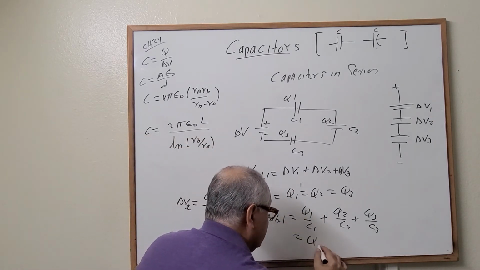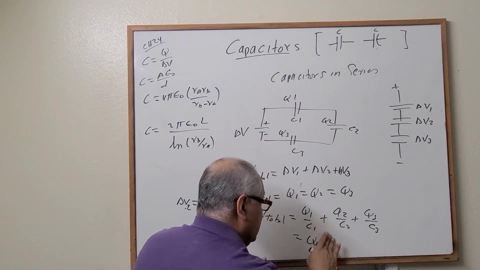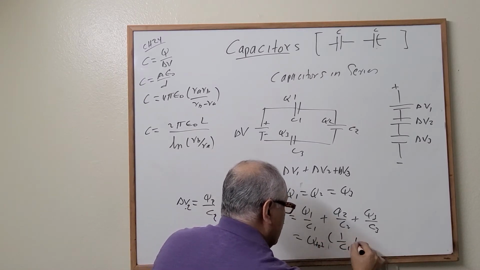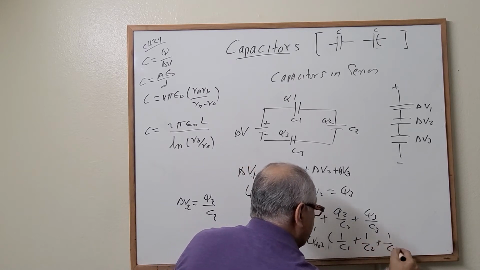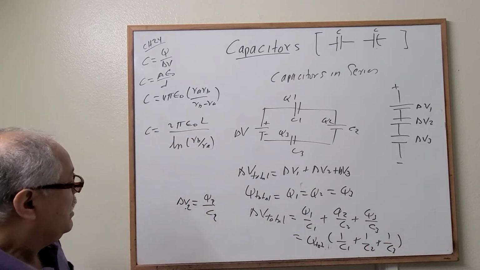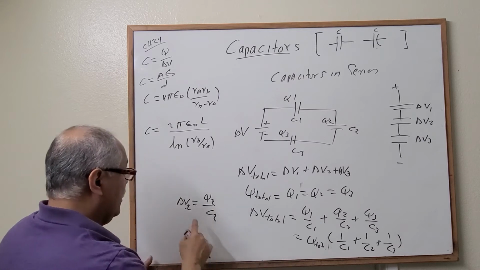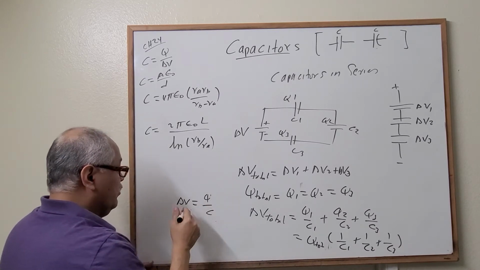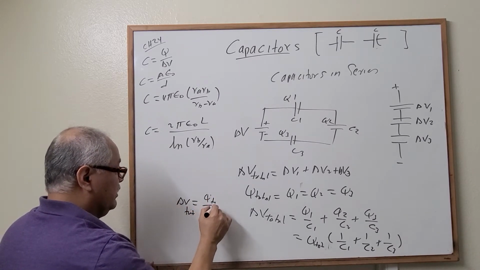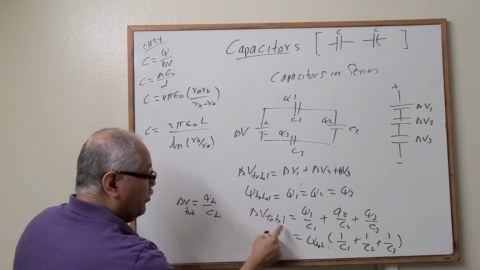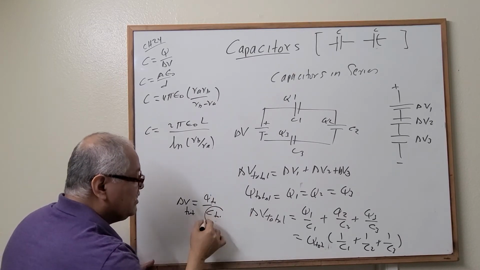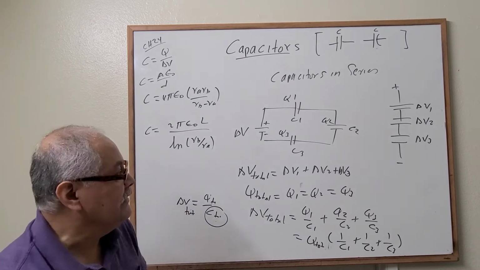So factor the charge, we can call it the total, times 1 over C1 plus 1 over C2 plus 1 over C3. Now, when we compare all of them, we call this total, it's gonna be total over here too. When we compare these two, actually we don't call this total, we call this the equivalent.